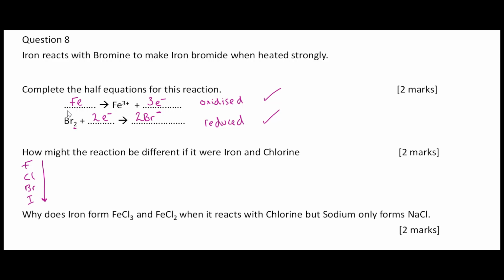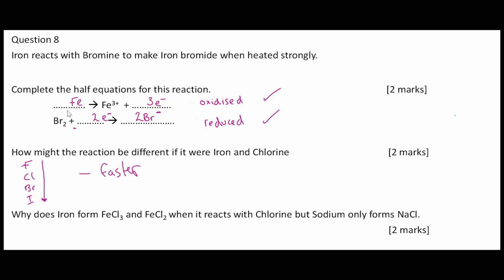So the reaction would be faster. The reason the reaction would be faster is that chlorine is higher up in the group than bromine, which means that chlorine is more reactive. And that's why the reaction would be faster.